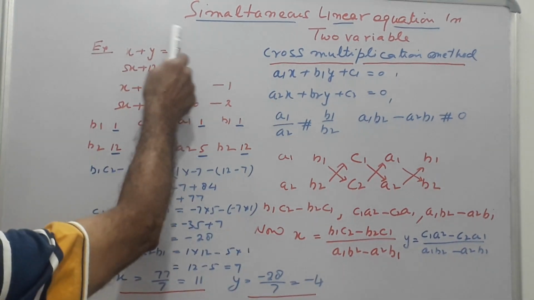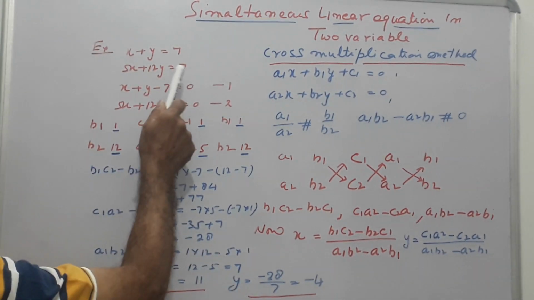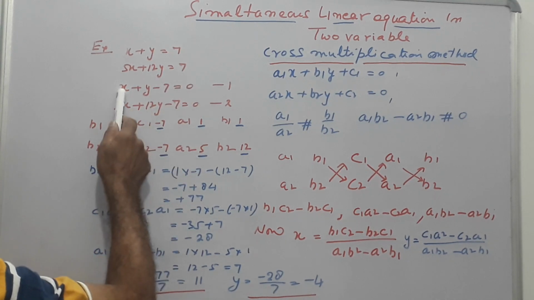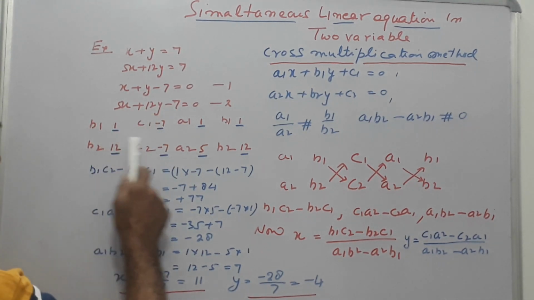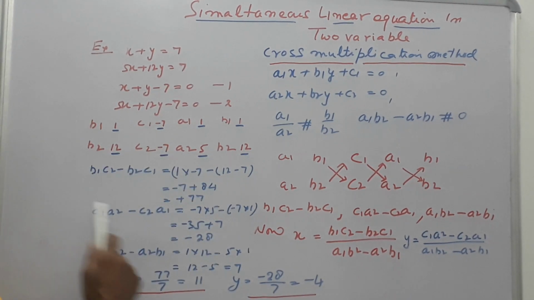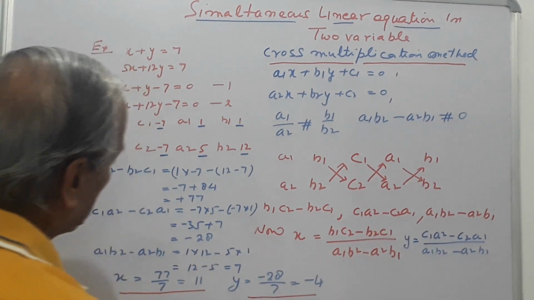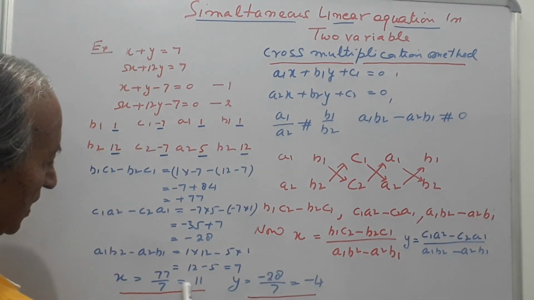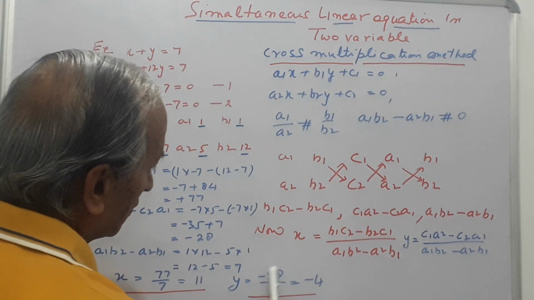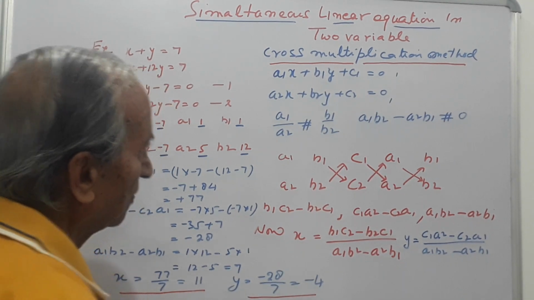Then taking the example, we first take the constant term to the left hand side and write all the coefficients, and then putting in the values we get x equal to 77 upon 7, that is plus 11, and y is equal to minus 28 upon 7, that is minus 4.